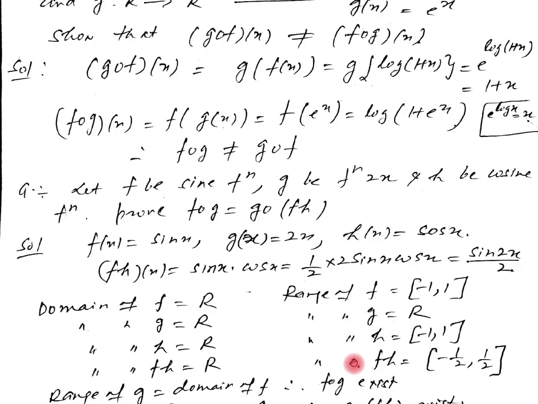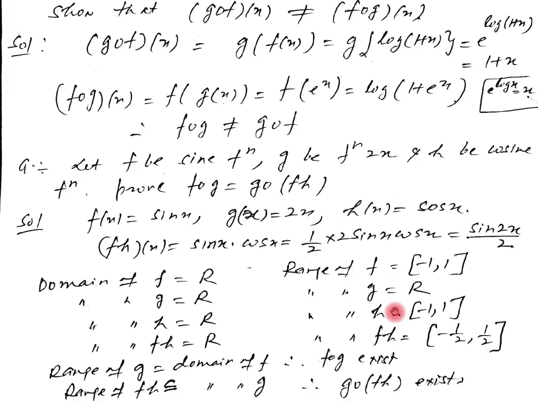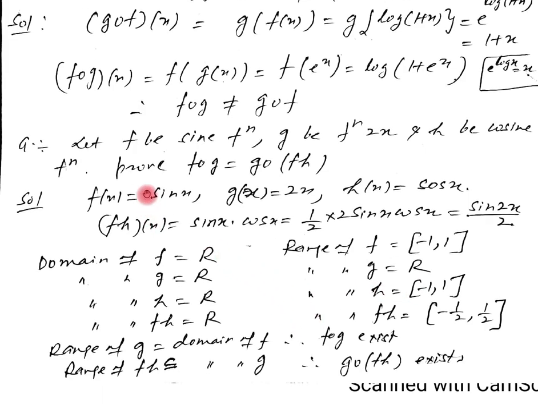Now the range of f·h: f·h is sin 2x by 2, and the range of sine is minus 1 to 1, so the range of sin 2x by 2 is the closed interval minus 1 by 2 to 1 by 2. Thus we have defined the domain and range of all the functions defined in our question.